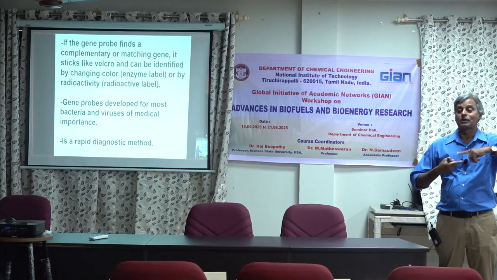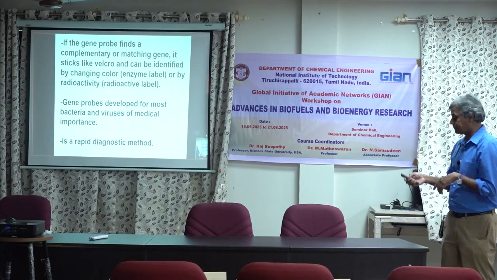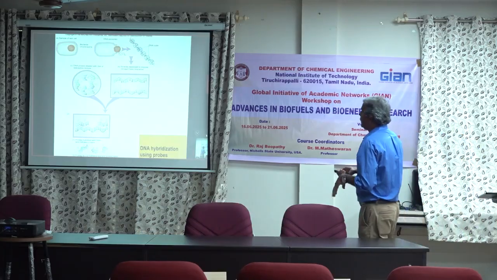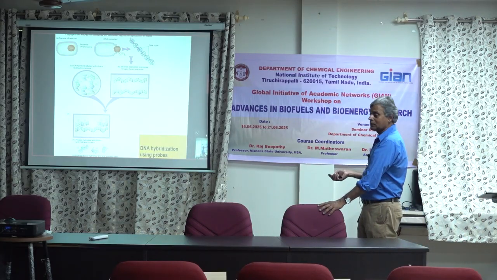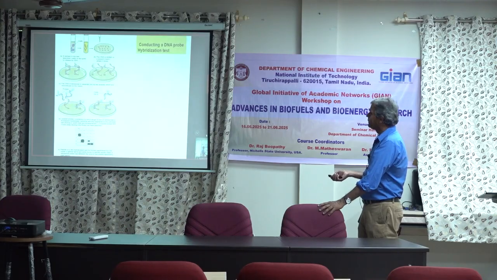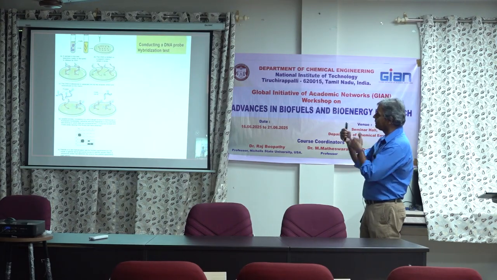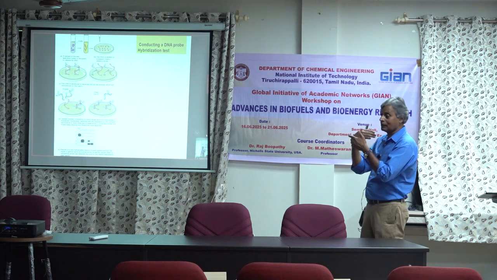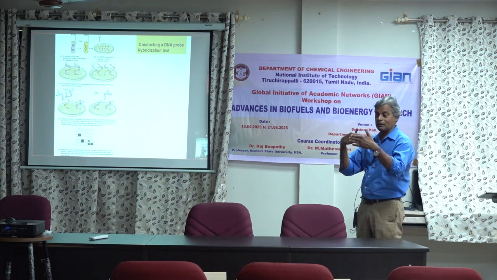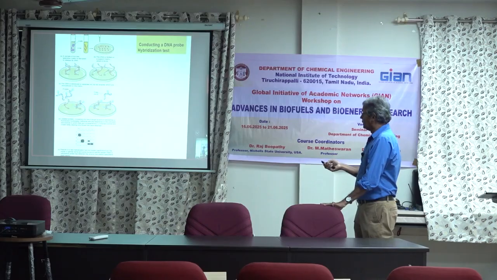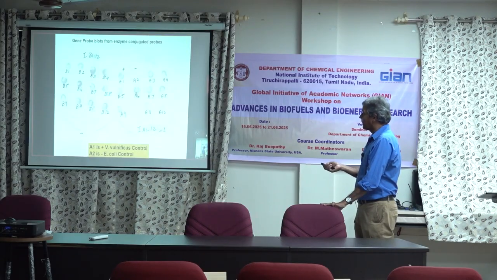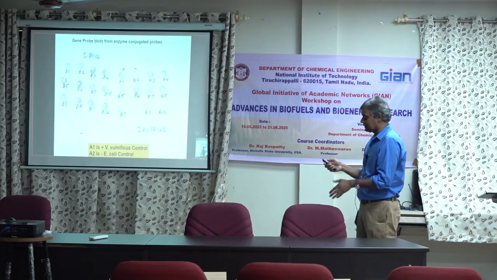If it matches, that's the culprit who did the crime. That's called DNA hybridization using probes. If the primer matches, it's going to stick like Velcro. It's going to stick wherever there's a matching code. We can also do a dot plot to see whether it matches or doesn't match.